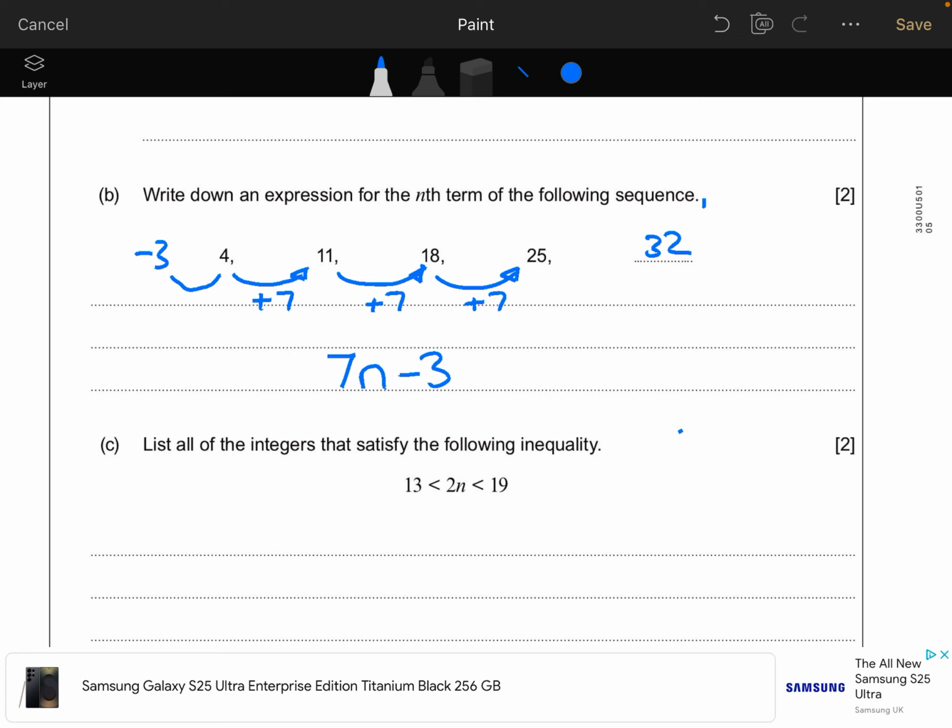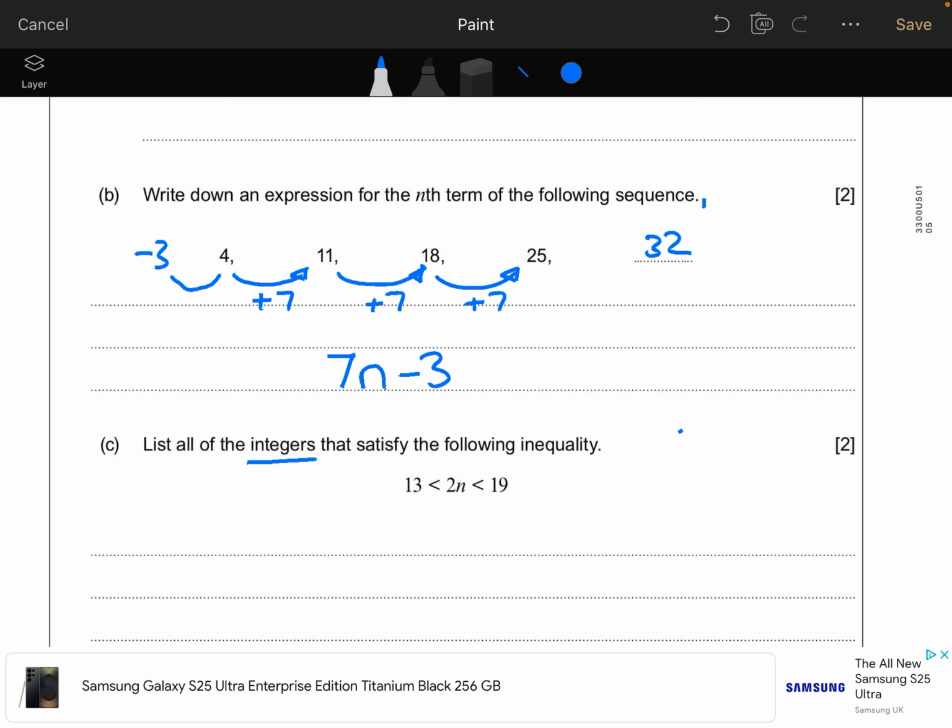Okay. List all of the integers that satisfy the following inequality. 13 is less than 2n. Reading this the better way, we normally read this from the middle, so 2n is greater than 13 and less than 19. So we want integers, those are whole numbers.